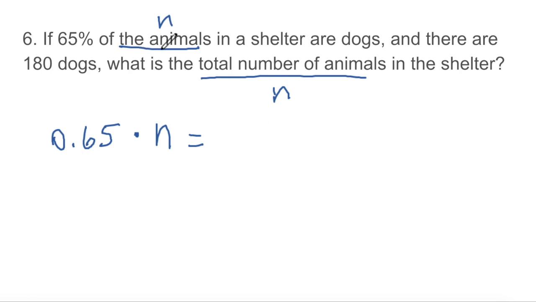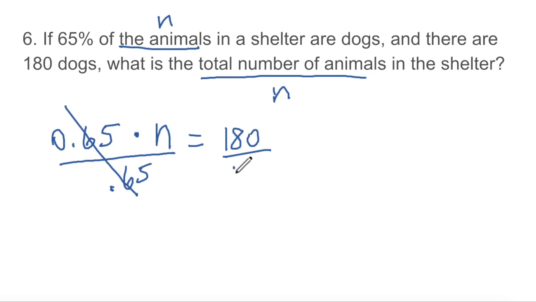65% of the animals is 180. What is the total number of animals? Well, it's solve for n. So we'll divide both sides by 0.65. This side cancels out, and our answer is 180 over 0.65, which is 277.